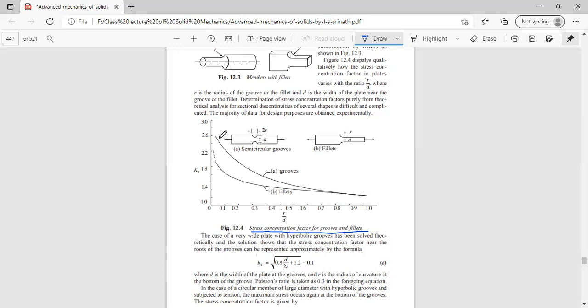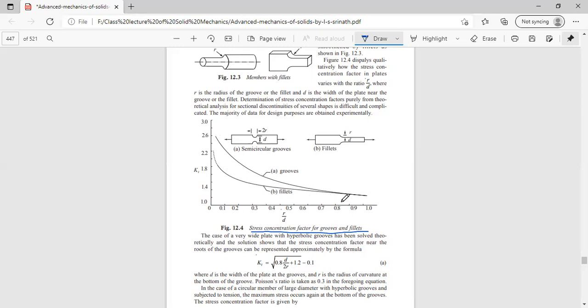For the groove, the curve is like here, and for the fillet, the curve is here, which means for grooves the stress concentration factors are high for the same radius divided by diameter, and for the fillet the stress concentration factor is comparatively less.